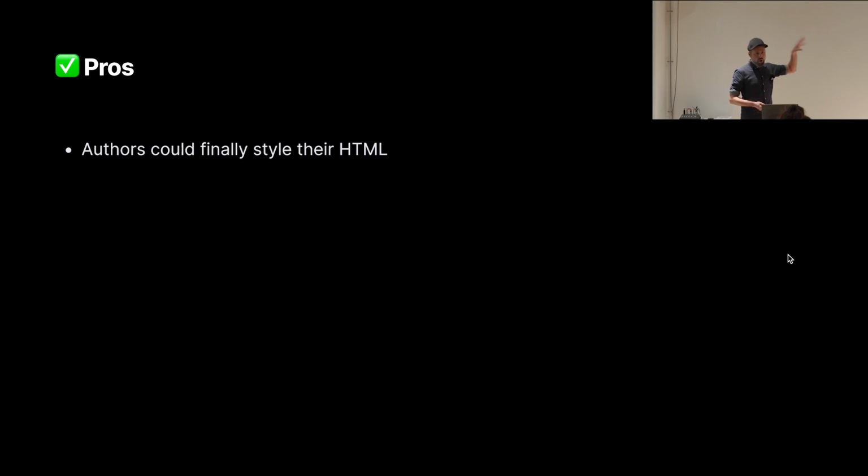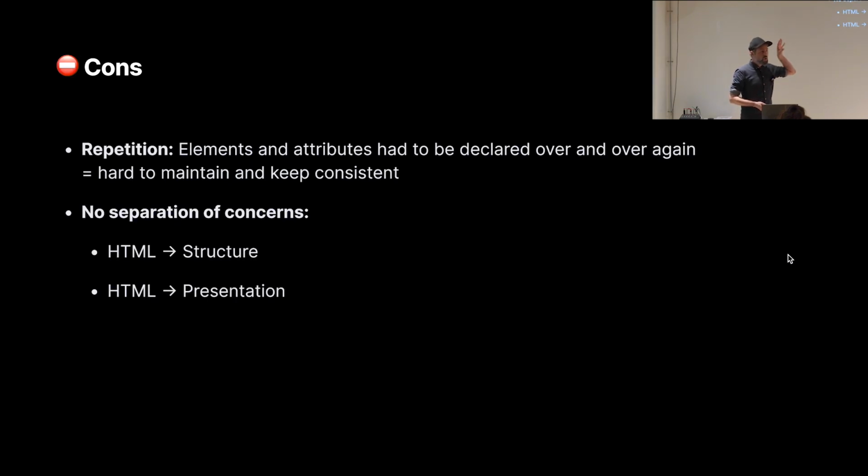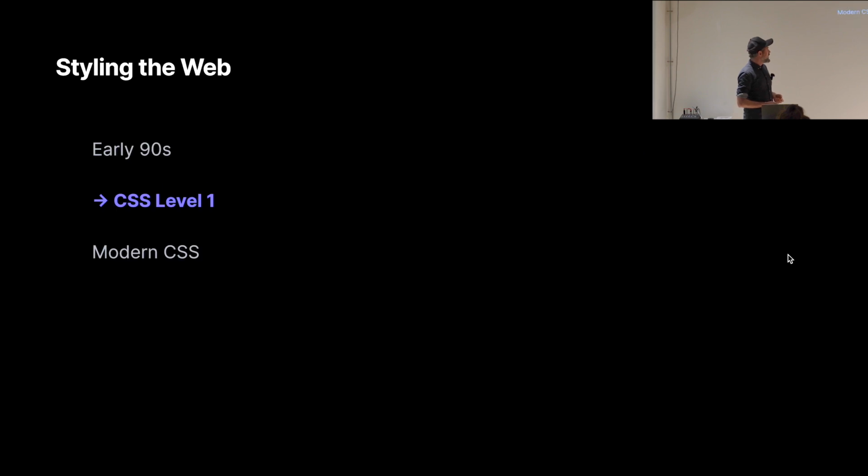The pro was that we could style our HTML documents, but there were many cons. There was lots of repetition, because we had to use these elements over and over again and assign these attributes. Also, we didn't have separation of concerns, so the structure was dealt with in the HTML, but also the presentation. But then CSS came to the rescue.